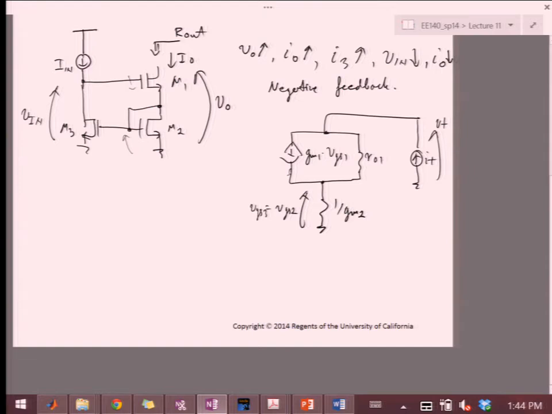And then here on the VGS3 side, I have GM3 VGS3, and then I have RO3. And then the voltage that's developed here is VGS1. Right, so this voltage over here controls this current source over here.